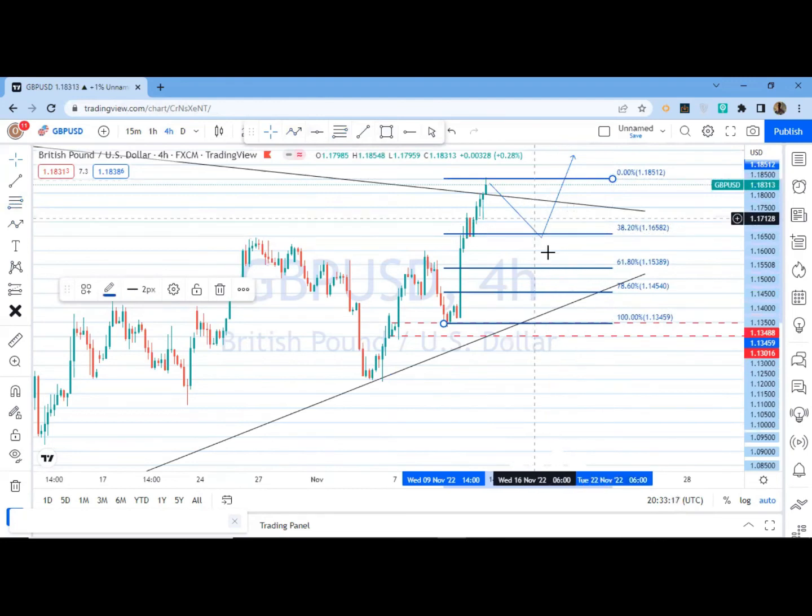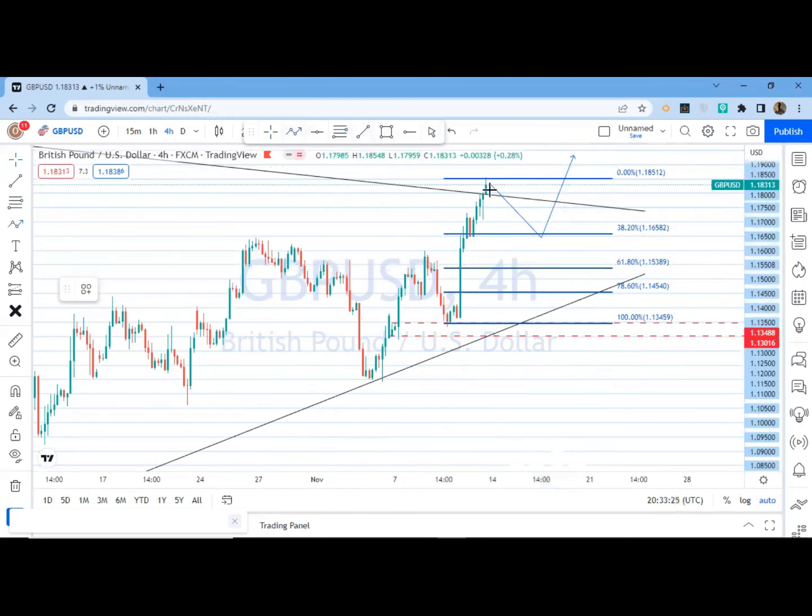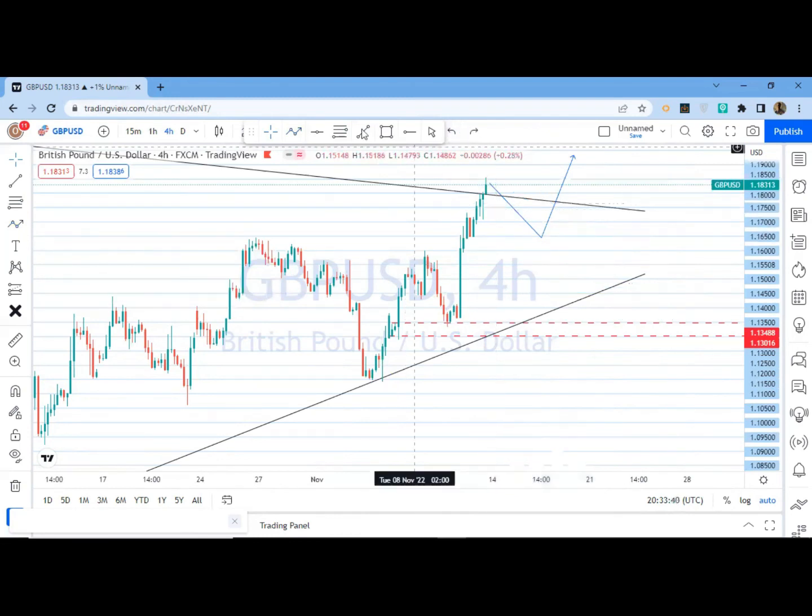It can either come back to this 38.2 or the 61.8, but it won't move directly straight. It will keep forming small moves, so it can come back and find support around here. So we expect a major pullback.